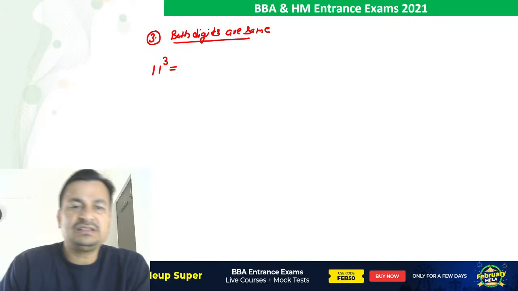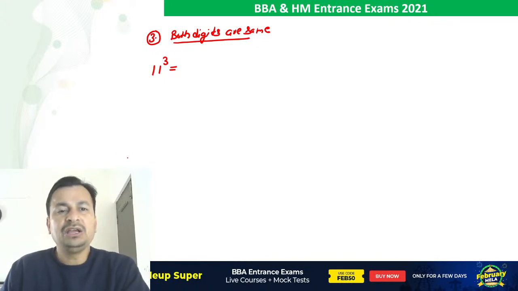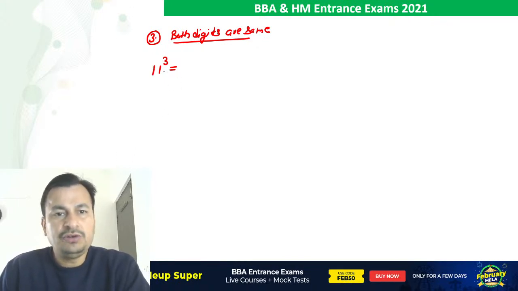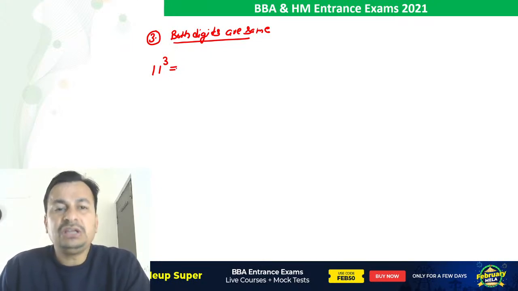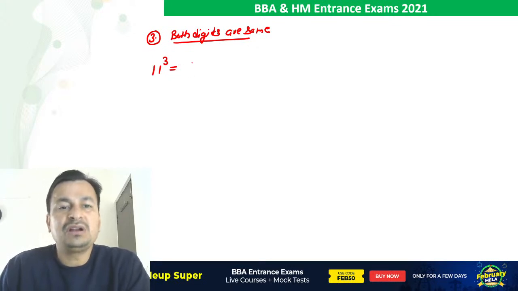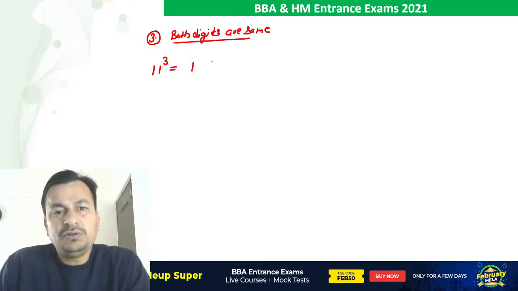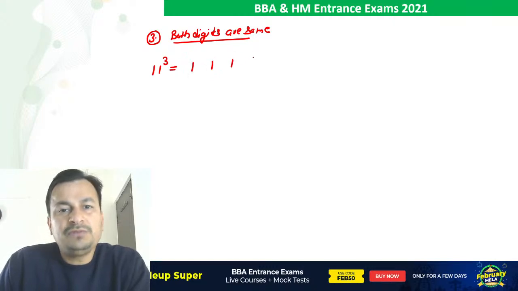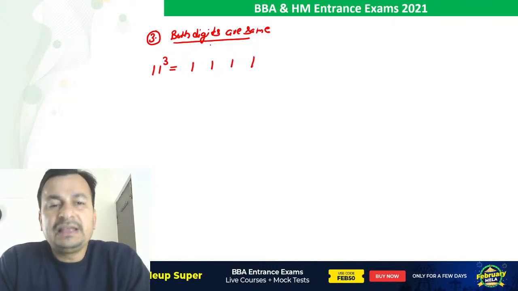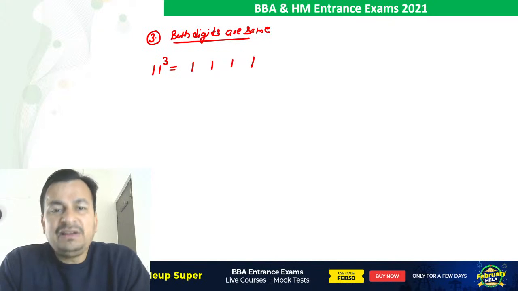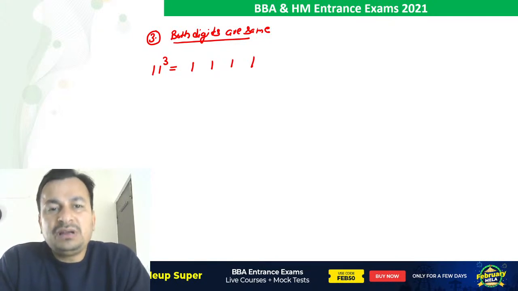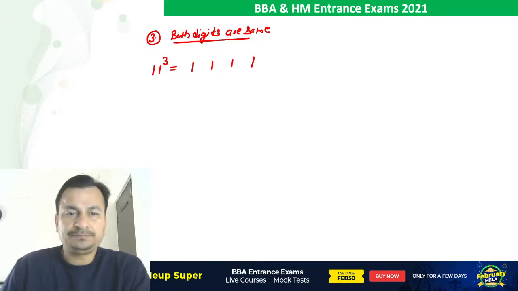Let's take first example. If we want to calculate the cube of 11, first we will cube each digit in this two-digit number. So first we will cube each digit and we will write the cube of each number 4 times.